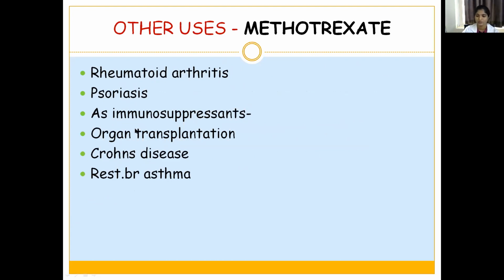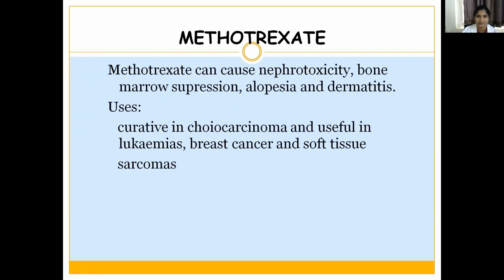Okay. So what are the adverse effects of methotrexate? Give one adverse effect: it causes nephrotoxicity, bone marrow suppression, alopecia, and also dermatitis. What are the indications or uses?